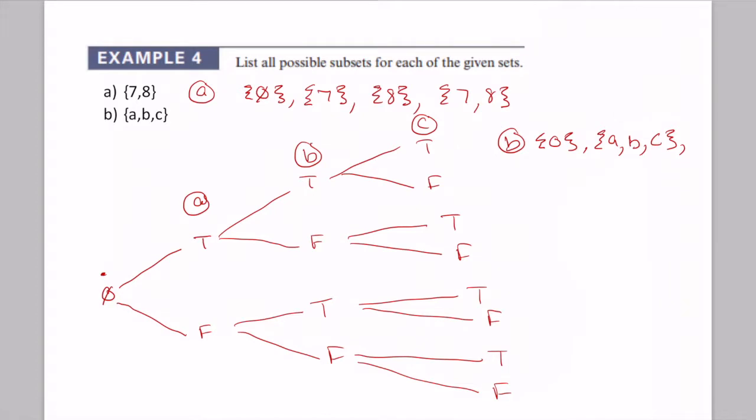So we're done with that. Then we're going to start again. True for A. True for B, but not for C. False for C. And then we're going to do true for A, false for B, and true for C.